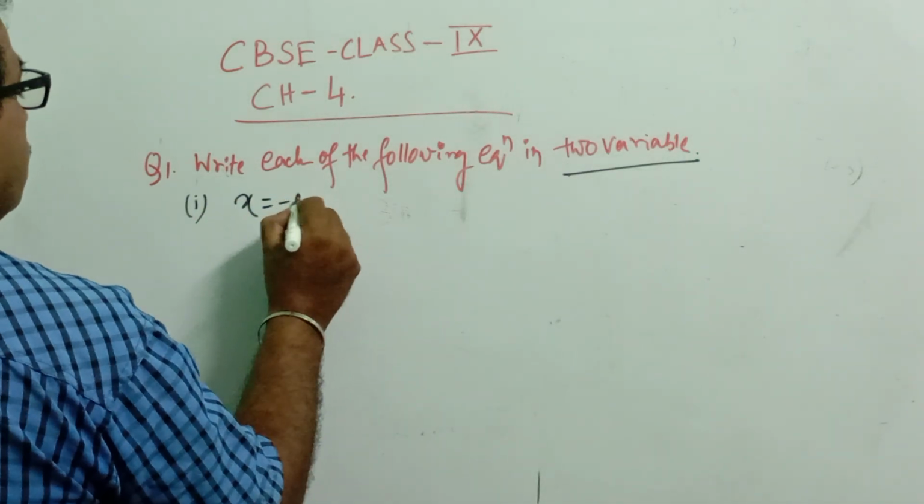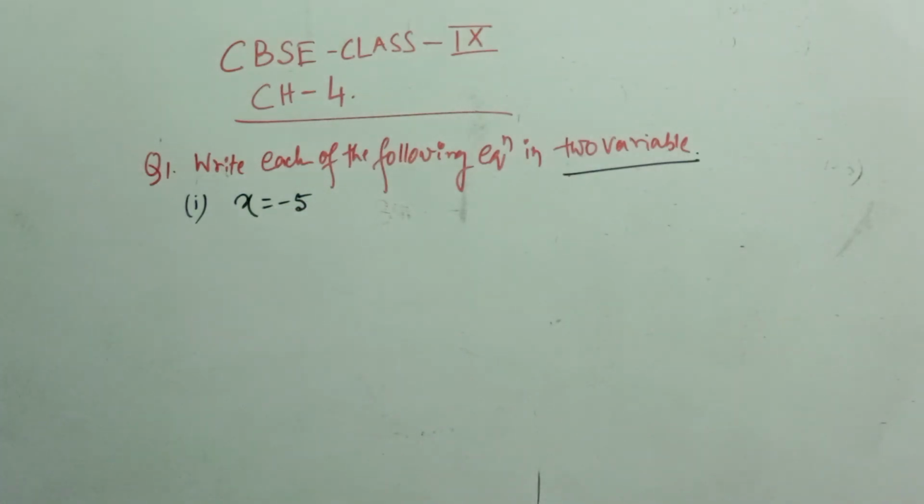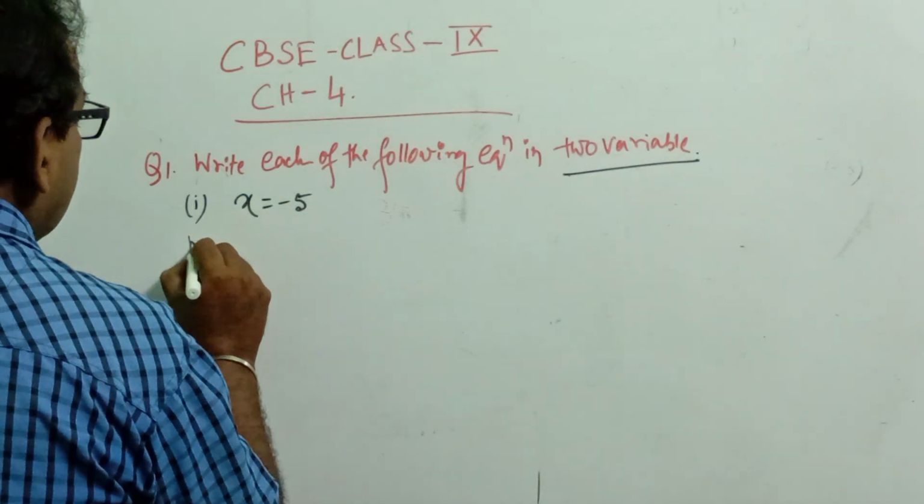x is equal to minus 5. So how do we do that?